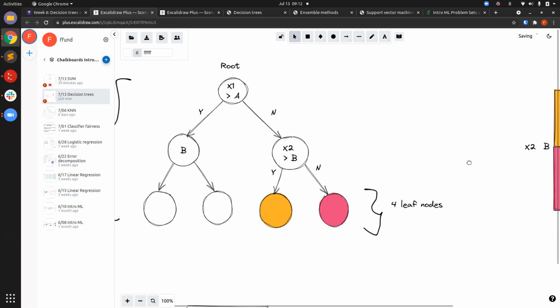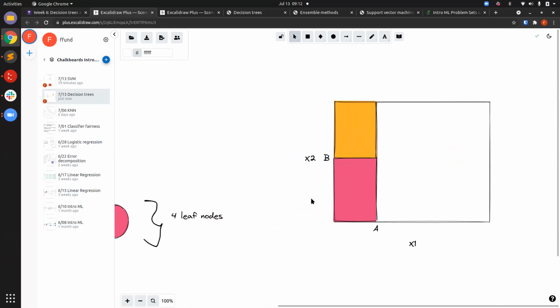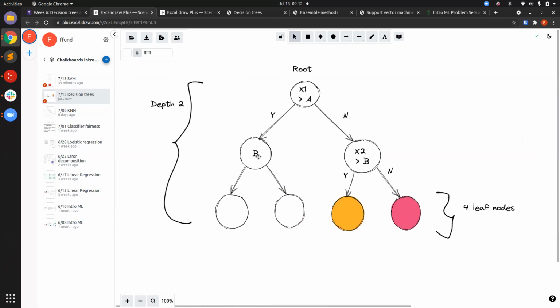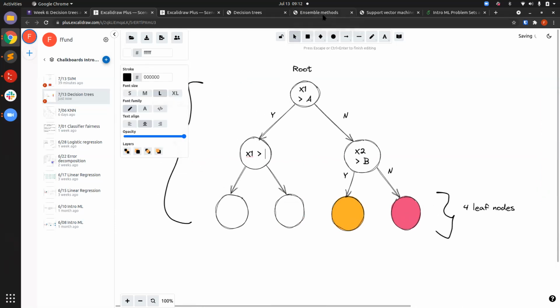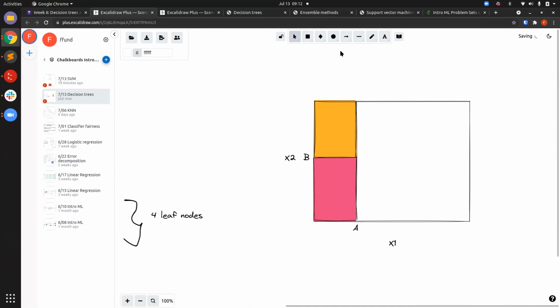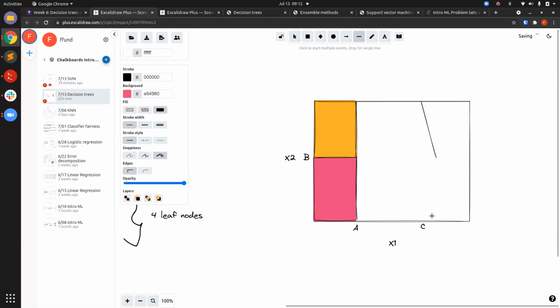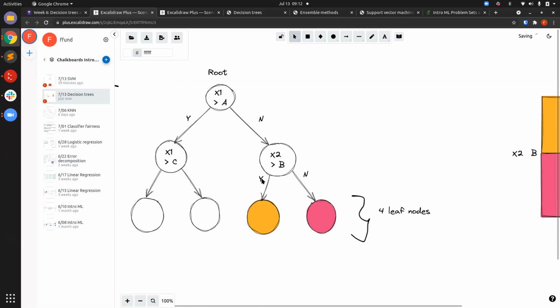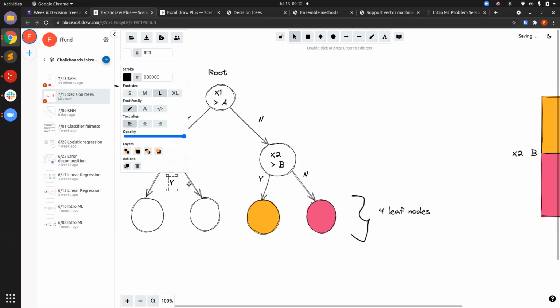And then maybe we'll split some more on the other side. Maybe I'll split on x1 again. I could split on a feature more than once. So maybe this time I'll split on whether x1 is greater than c. So I have another split here, and I have a yes side and a no side.